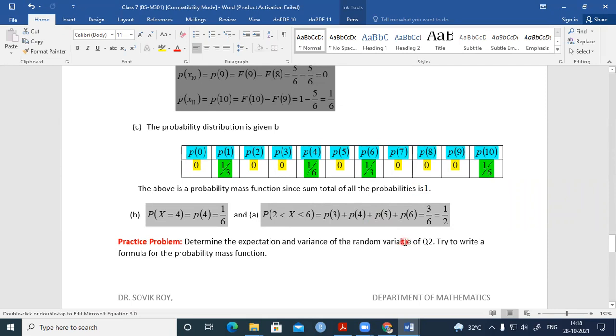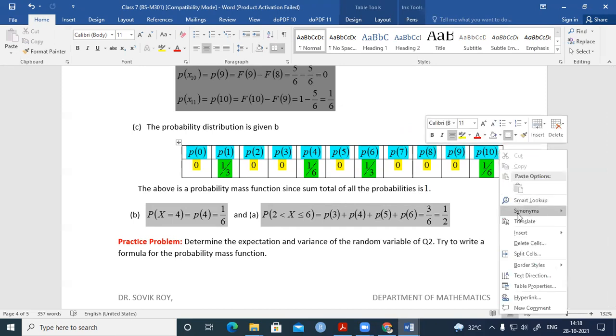Actually, in the problem you have been asked to find the probability distribution. So this is the probability distribution, so points are there and the probabilities are there. Although I have shown the probabilities only, you can put one extra column. Let me try to do it.